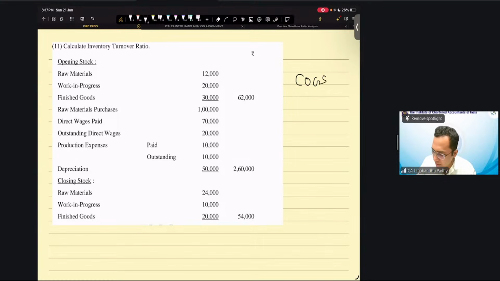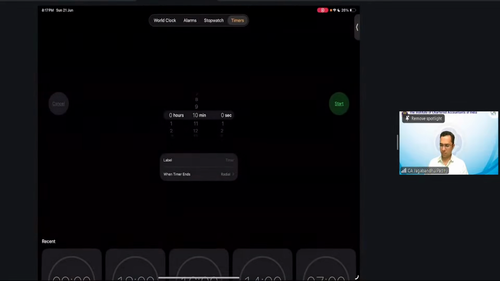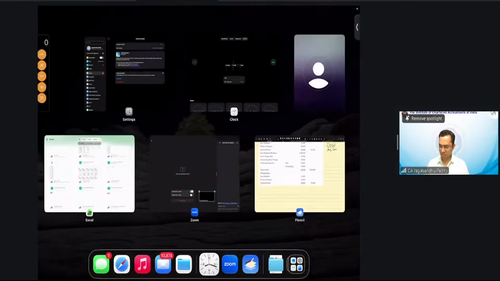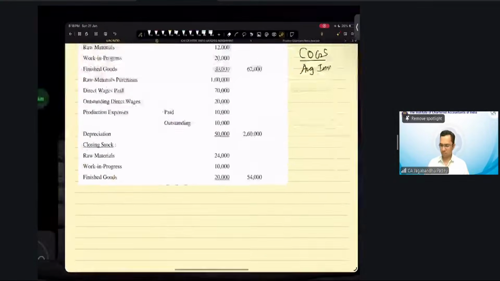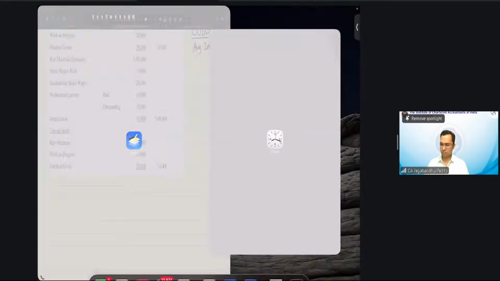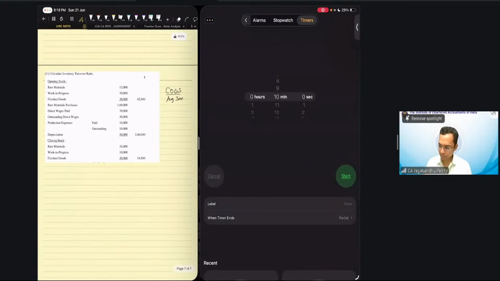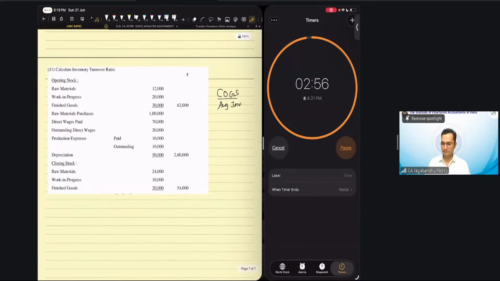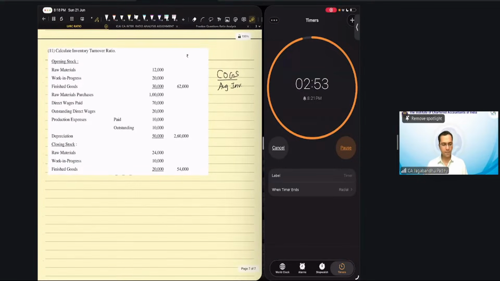So try to calculate this. It should take not more than 3 minutes. Try to calculate the inventory turnover.